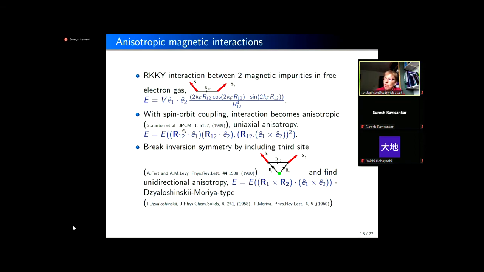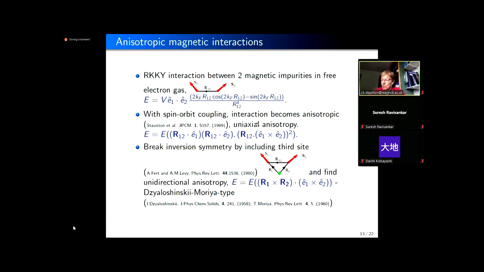What this is describing is an anisotropy, but it's a uniaxial anisotropy. For a two-site problem, that just means if I swap the two spins around, I would get exactly the same result. So it's a simple way to view what a uniaxial anisotropy is.